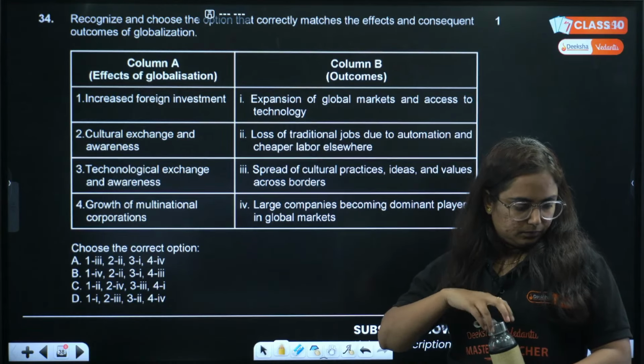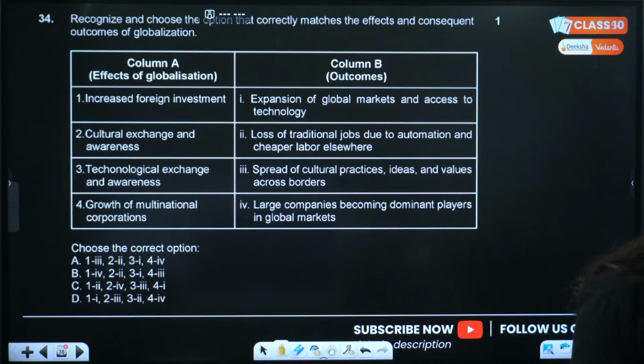Wow, that's great, Sandhya. Even I forget sometimes. So: increased foreign investment, cultural exchange and awareness, technological exchange and awareness, growth of multinational corporations.